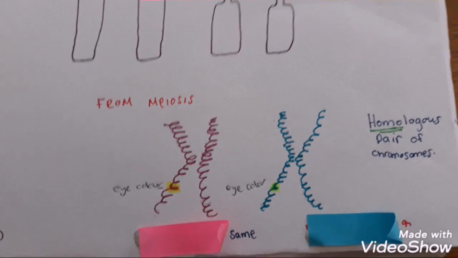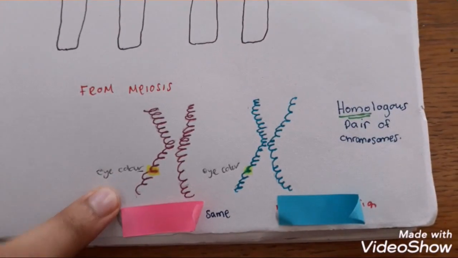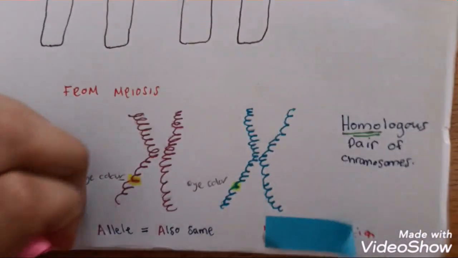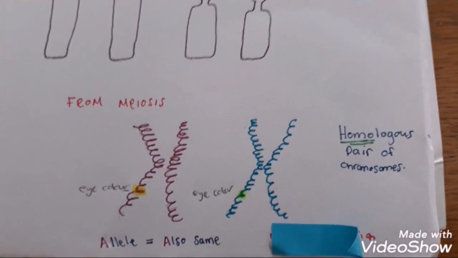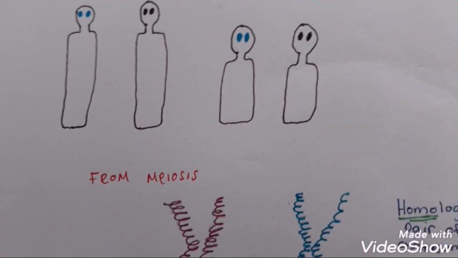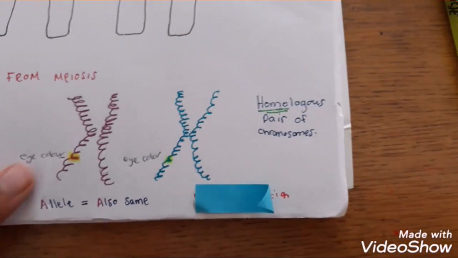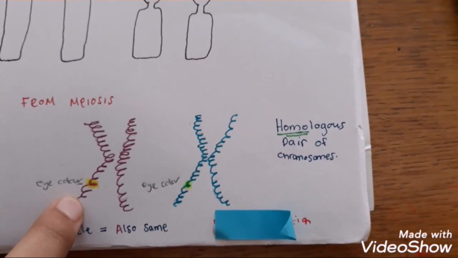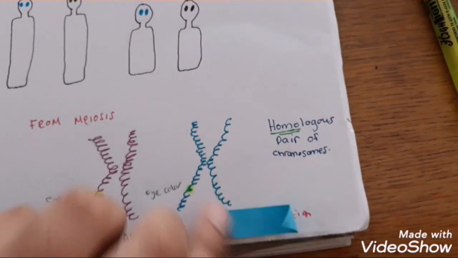So this one codes for eye color. This one also codes for eye color. So that is an allele. It is also the same. Then we get the location where the gene is found. This is called the locus.